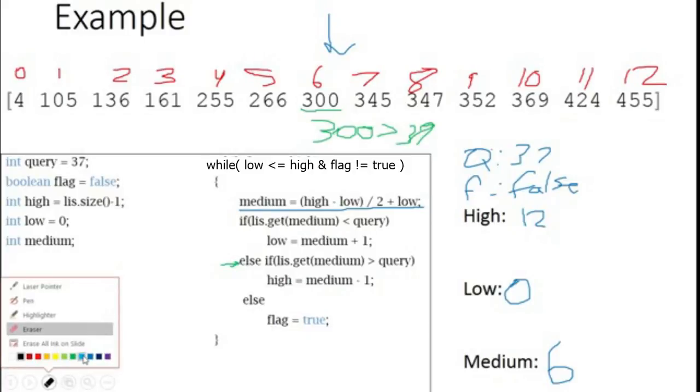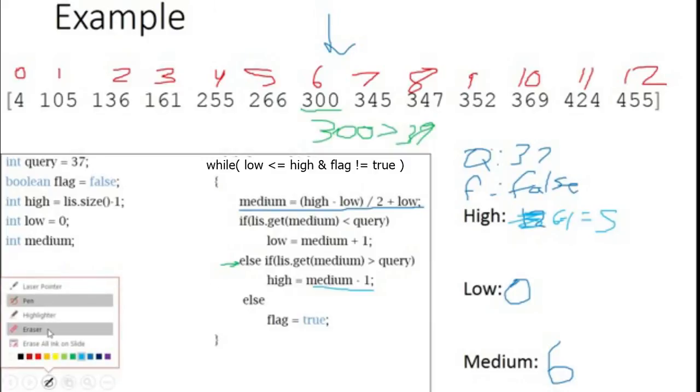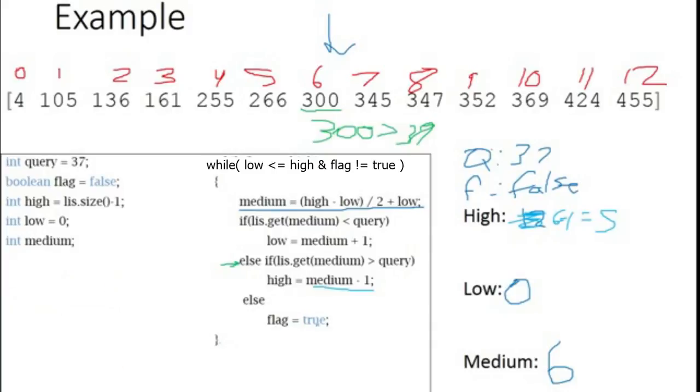Right now, high is equal to 12, but we're going to get rid of that. We're going to say it's equal to medium minus 1. So that's 6 minus 1, which equals 5. Alright, so now we have this new thing set up. I'm going to say we get down here. So our flag is not true.